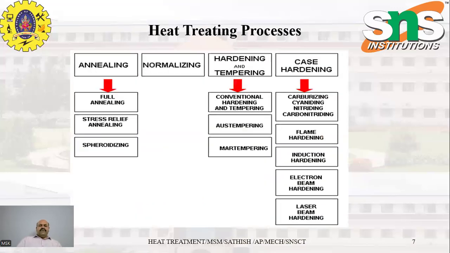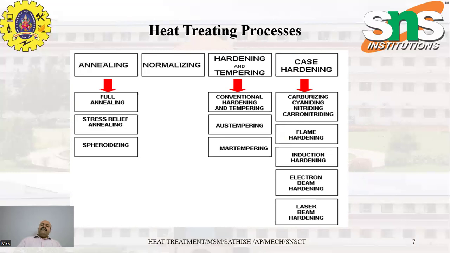So in the next slide, we are going to see the different classifications of heat treatment. We have four major types. One is annealing, another is normalizing, then hardening and tempering, and case hardening. Under the heading annealing, we have full annealing, stress relief annealing, and spheroidizing.